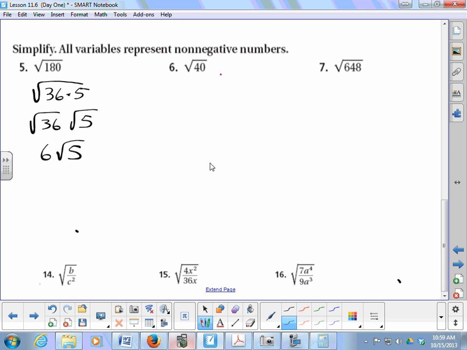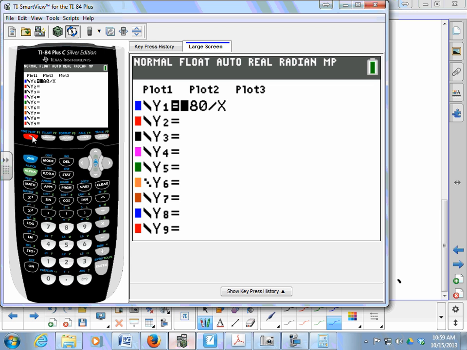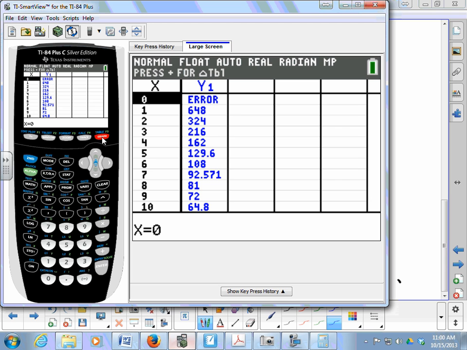Okay, number 7, square root of 648. We're going to have to check this one. This is going to take a little bit more work. 648 divided by x. Go to my table. Let's see. 4 goes into it 162 times. 8 goes into it 81 times.